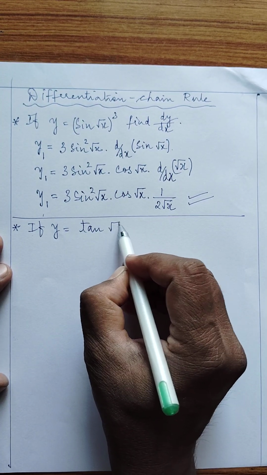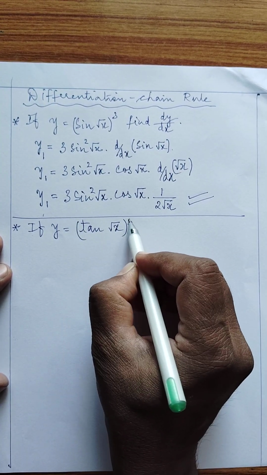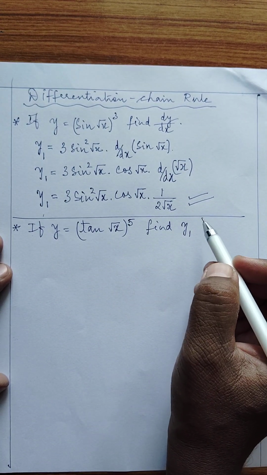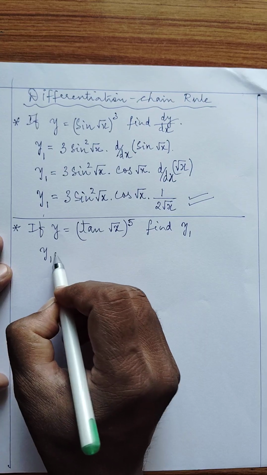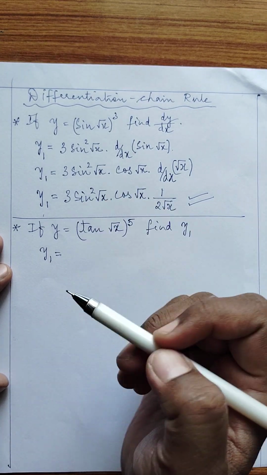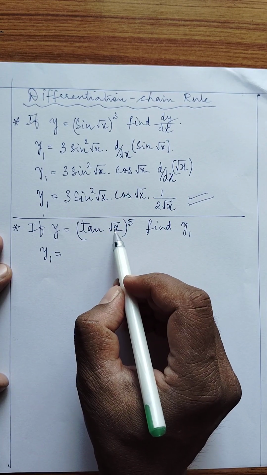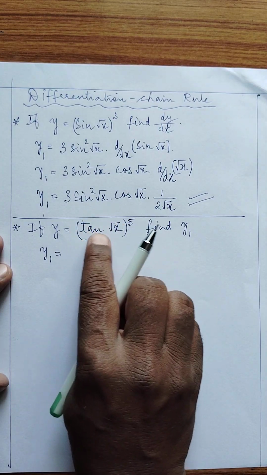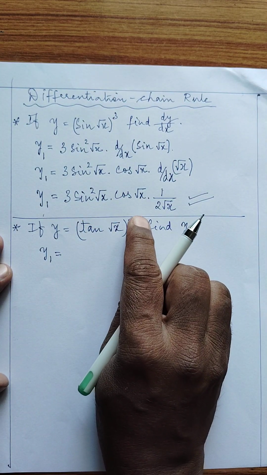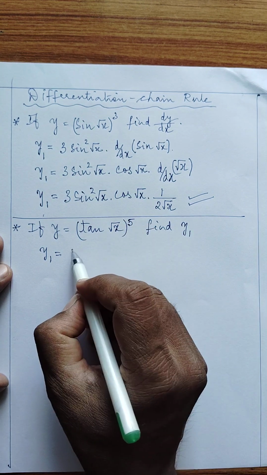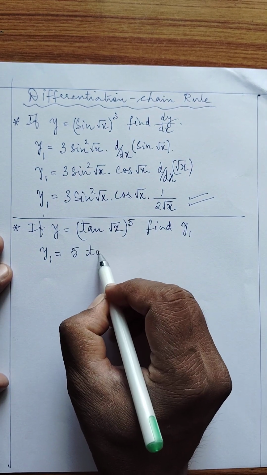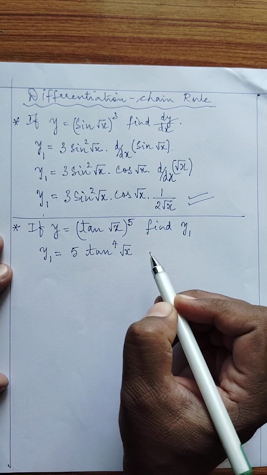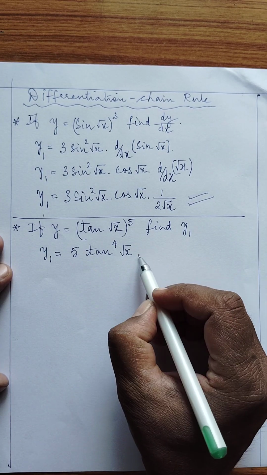Next example, if y equals tan of root x whole power 5, find y1, that is dy by dx. Now y1 equals, again similar to the previous problem, tan root x power 5 means tan root x is taken as x whole power 5. x power 5 means 5 tan power 4 root x, 5 x power 4, like that.